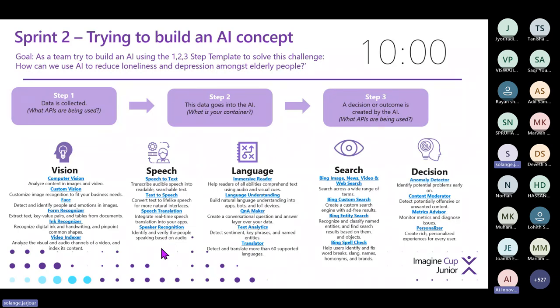Computer vision to analyze their videos, to see their facial expressions. Video Indexer, oh very nice. But pay attention, you are at the decision stage. This computer vision, if you want to analyze their facial expression, it should be here. So here in step number one, you can have speech to text and you can have computer vision.